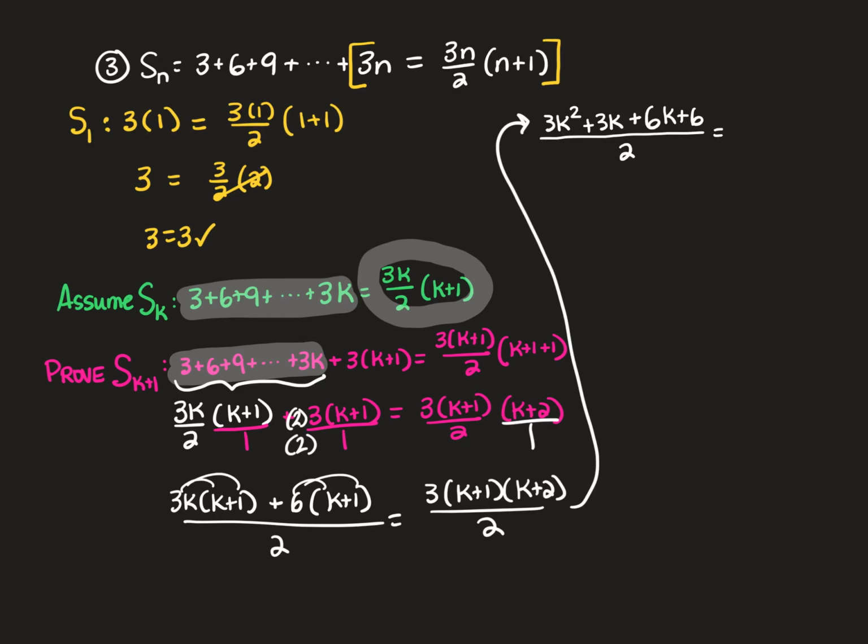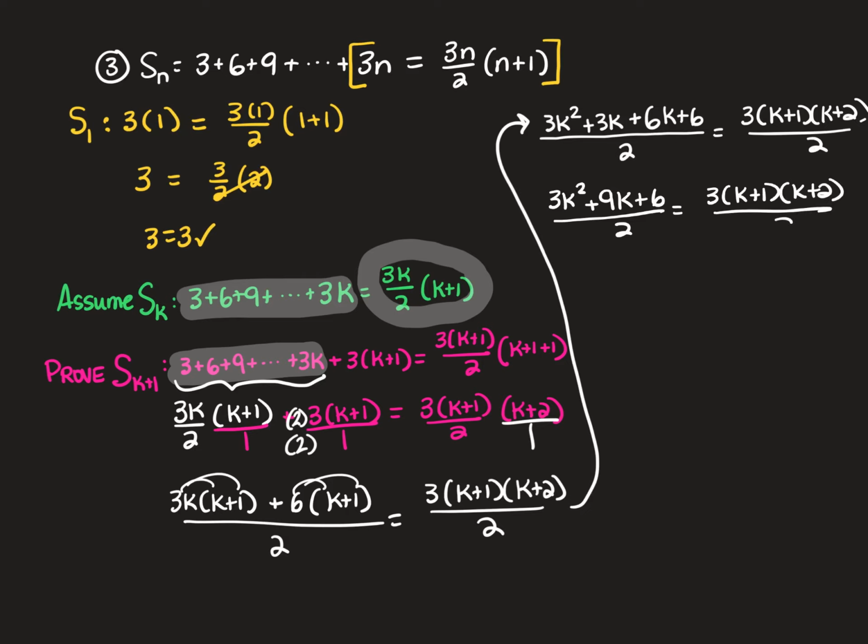Okay, and I want to show that that is going to be 3 times k plus 1 times k plus 2 all over 2. Now, here's the thing. In the numerator, first of all, let's combine like terms, right? So we'd have 3k squared plus 9k plus 6 all over 2. Again, we're trying to show that it's equal to what's on the right-hand side.